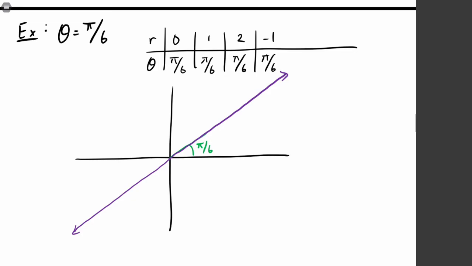And this is the equation theta equals pi over 6. It's a line. Usually when we think of theta equals a value and we restrict to positive numbers, we only get sort of the ray coming out of the origin. But if we allow negative r values, we can go the other way as well.